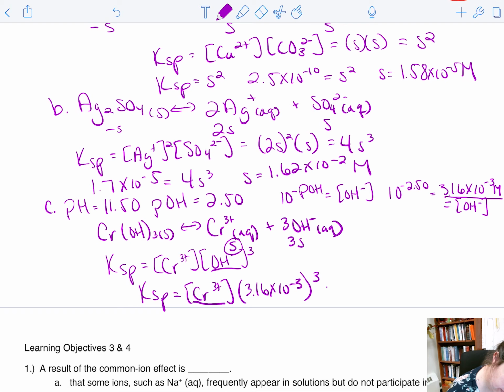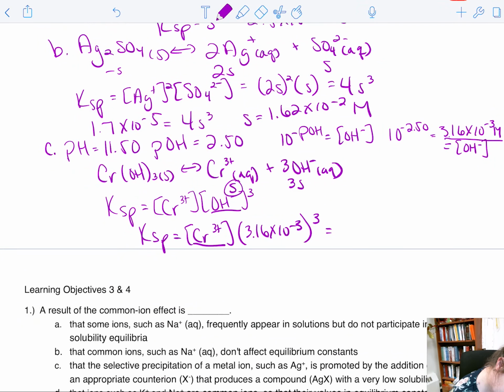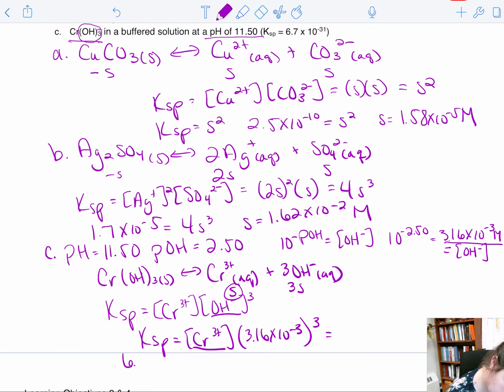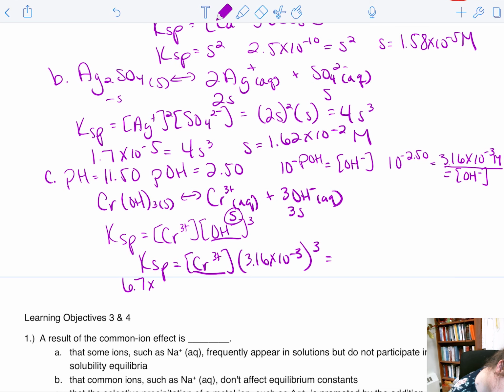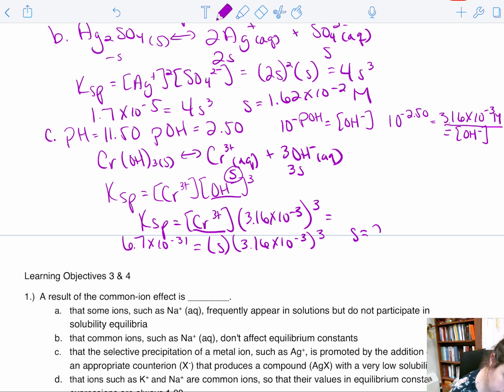So this whole expression will be S, or put in our KSP, which is 6.7 times 10 to the negative 31, is equal to S times 3.16 times 10 to the negative 3 cubed. Then we get an S value, or molar solubility, equal to 2.12 times 10 to the negative 23rd molar.